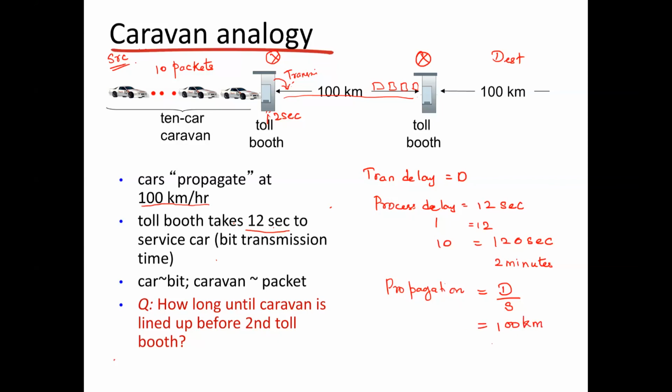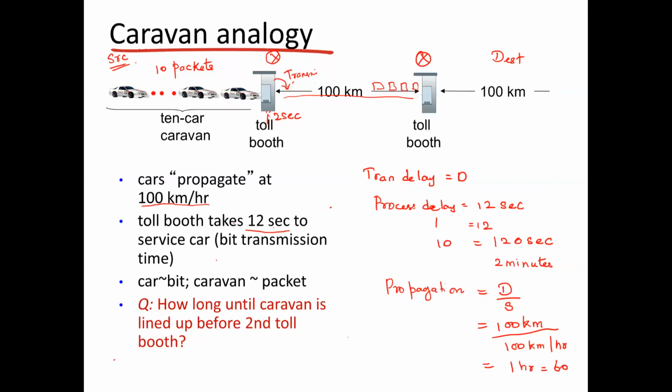At what speed are these cars arriving? 100 kilometers per hour. So what is the time? It is 1 hour. If I convert this 1 hour to minutes, how many minutes is it? 60 minutes.